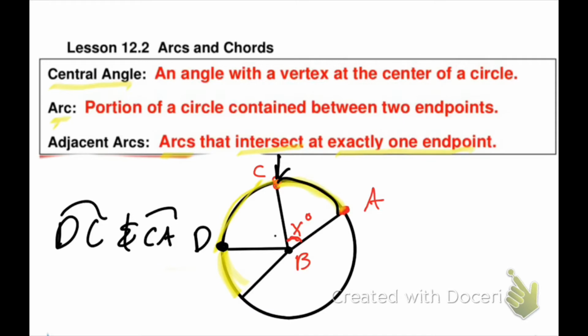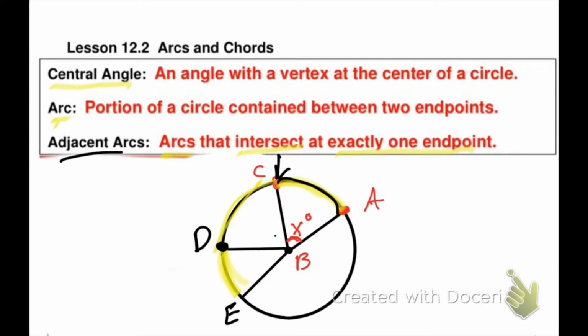Now adjacent arcs can't be overlapping arcs. So for example, if I took arc EC, which is this whole guy, all this right here, that would not be adjacent to arc ED because they overlap here.